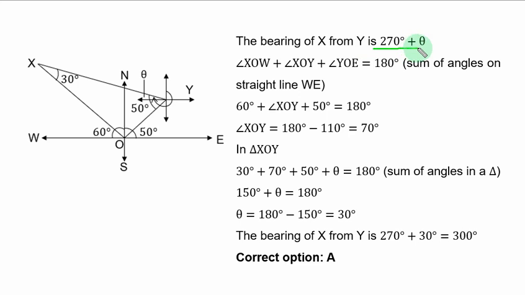The bearing of S from Y is 270 degrees plus theta. So from what I explained earlier, if you add all the angles in the triangle, the sum is 180 degrees. Before then, this angle is needed. Sum of angles on a straight line, that is what you have here.